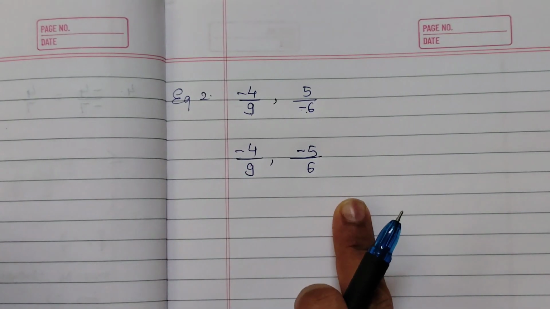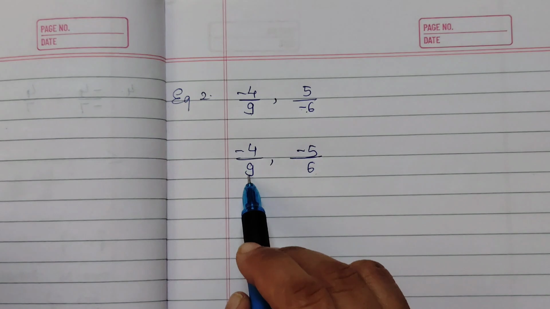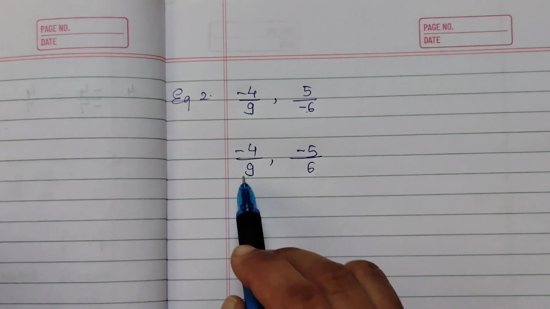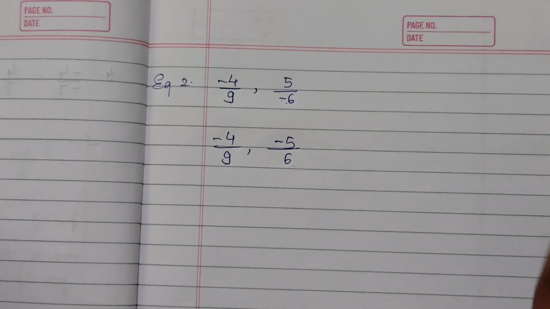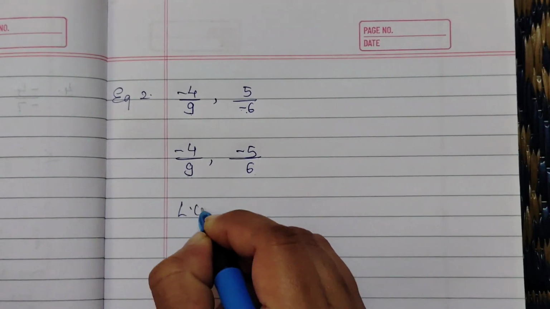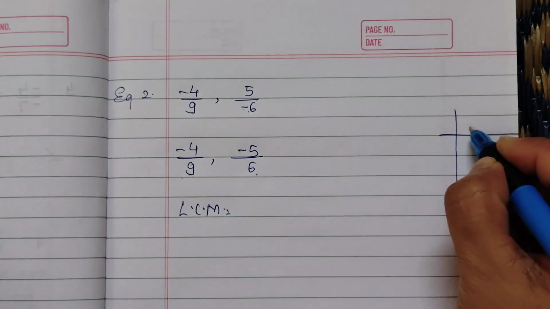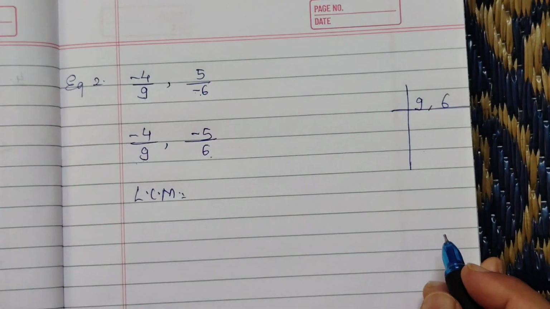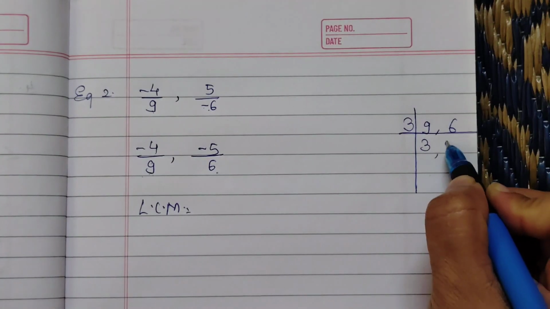Now we will solve this. To equalize the denominators, we find the LCM. I wrote both the denominators over here. It goes in the 3 table. 3 3s are 9, 3 2s are 6.